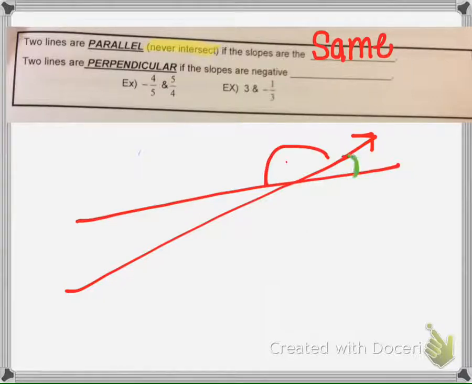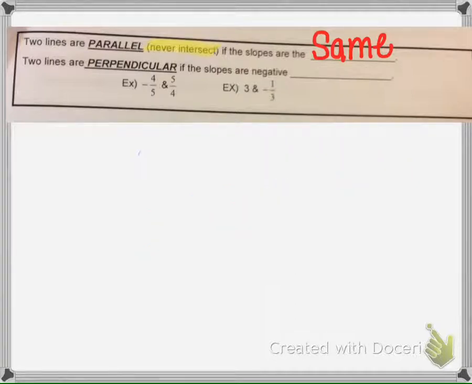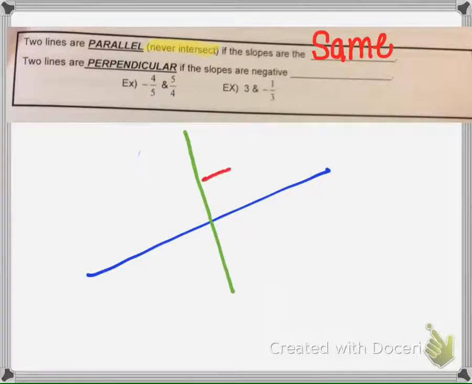So perpendicular means they intersect at a perfect right angle, which is 90 degrees. And what will cause that 90-degree angle is if the slopes are what we call negative reciprocals. So, negative reciprocal.